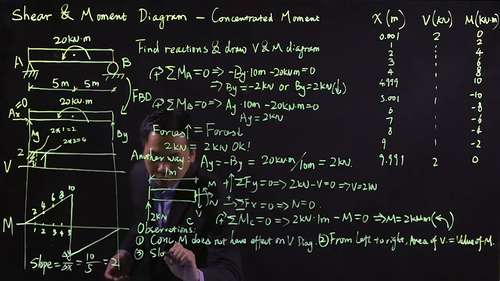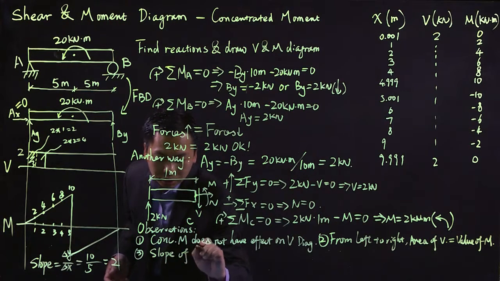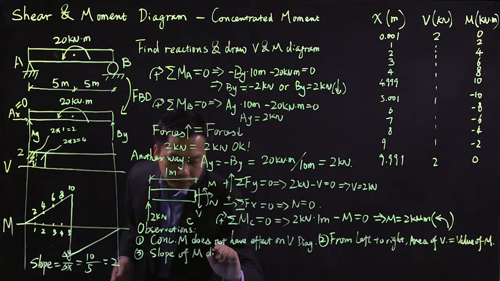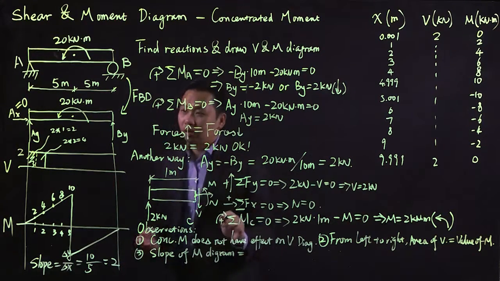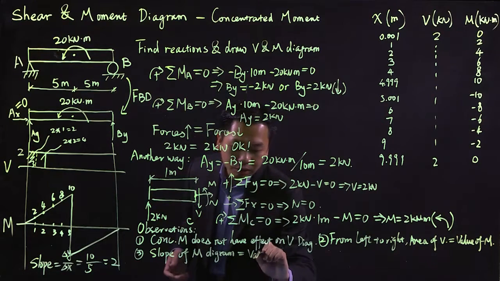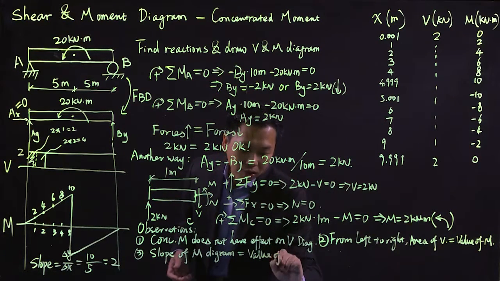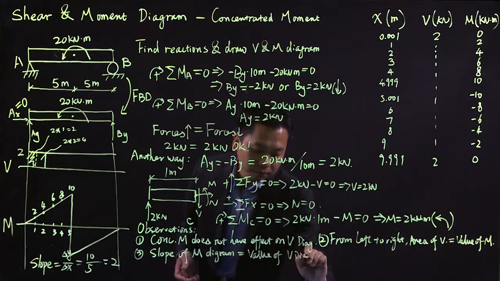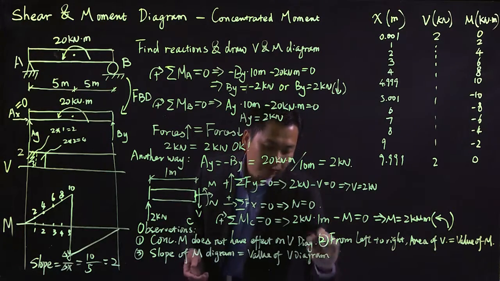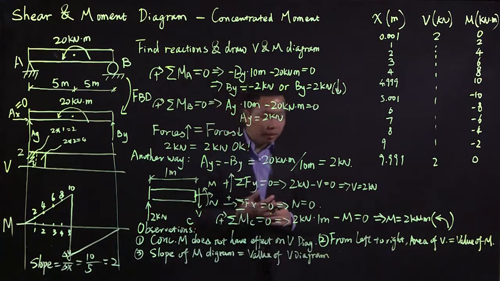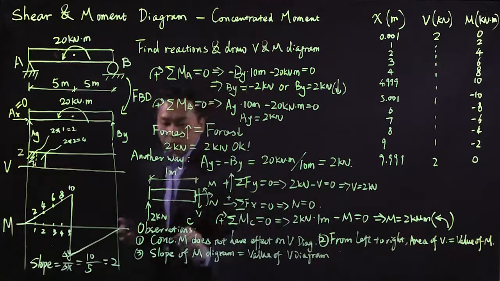Therefore, the third observation: the slope of your moment diagram is equal to the value of your shear diagram.